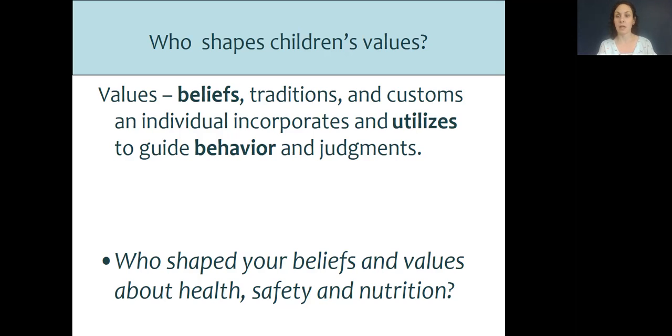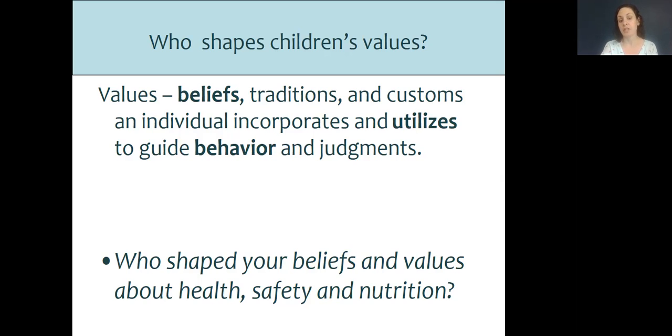Some might even come from laws that are in place, right? There's a seatbelt law. So if you're always wearing your seatbelt, that is a safety value that you have. Now, it may be more of a value because you don't want to get a ticket, or that could be the motivation, but nonetheless, it's a value that becomes a habit essentially.